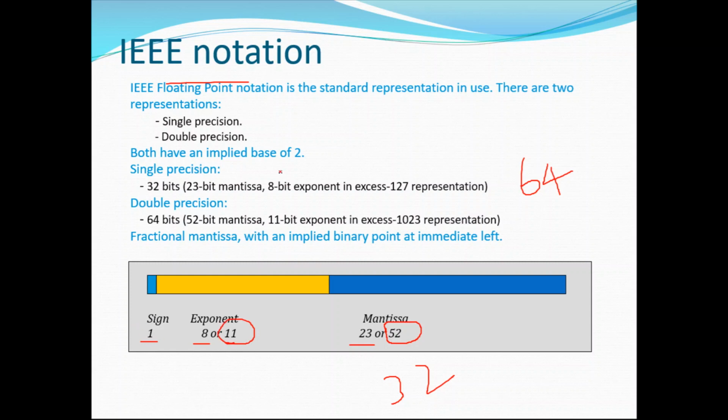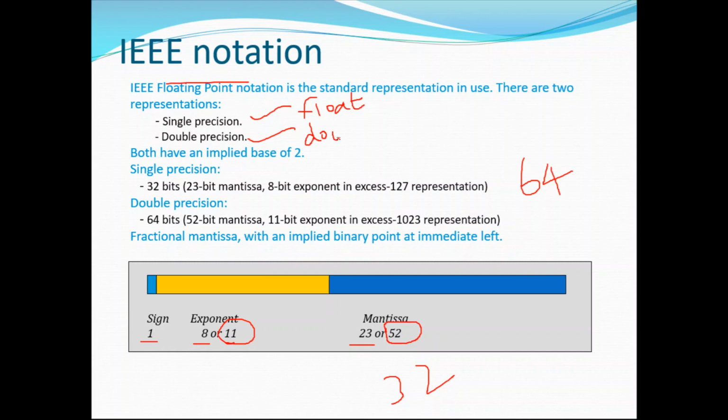You may ask, what is the difference between 32 bit and 64 bit? 32 bit is called single precision and 64 bit is called double precision. In normal programming languages like C or Java, single precision is called floating point numbers, whereas double precision is called double numbers.